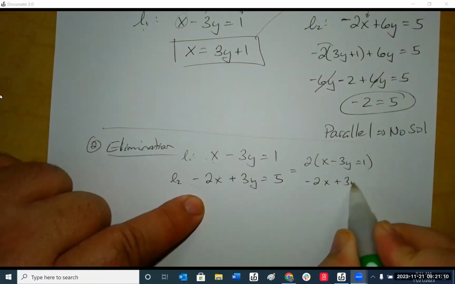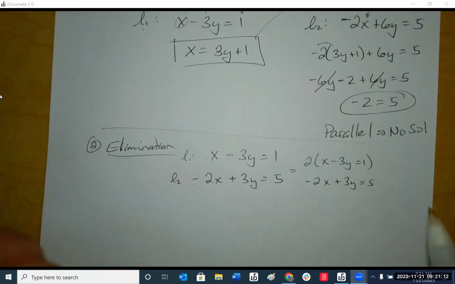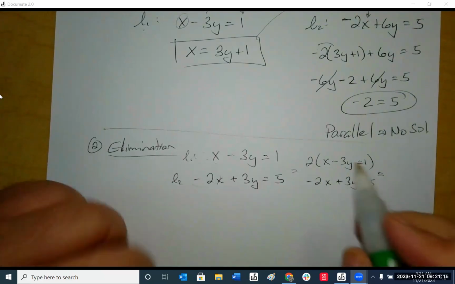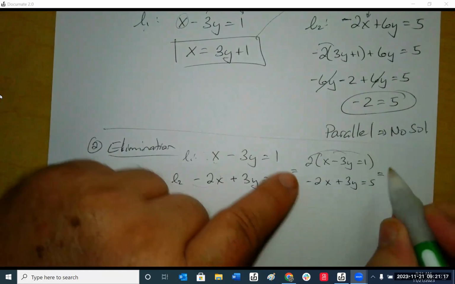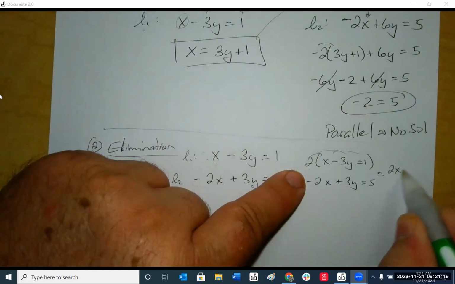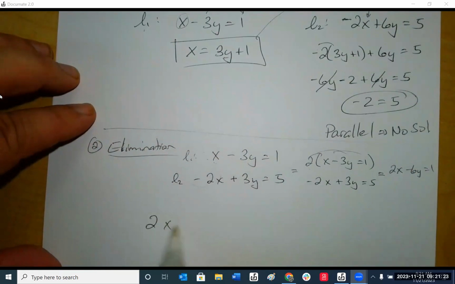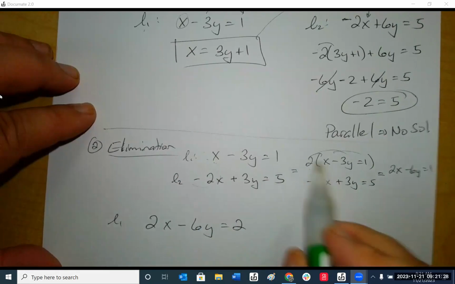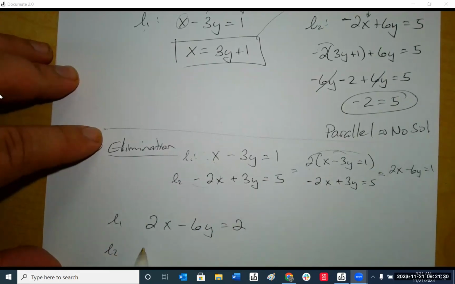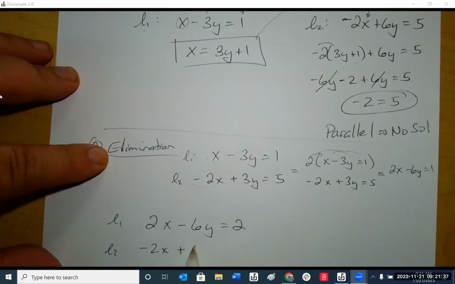It has to be the same number, but different signs. So 2x minus 6y equals 2. This is line 1. And line 2, I didn't touch, so it's minus 2x plus 3y equals 5.